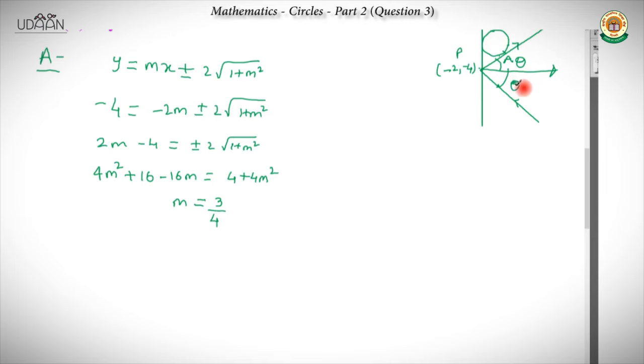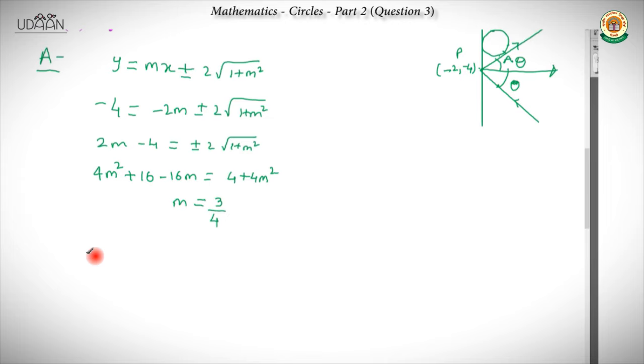It is the same value but in the opposite direction. So the slope of the incident ray will be minus 3 by 4. Exactly. Since the theta magnitude is the same but the direction is reversed, the reflected ray is in the anti-clockwise direction and the incident ray is in the clockwise direction. So the sign will be reversed for the slope.